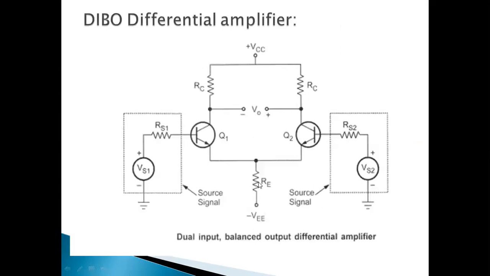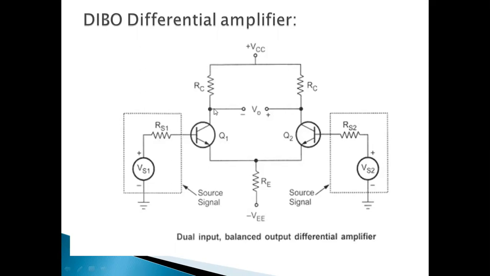First, we connect the two emitter terminals, so we have the parallel combination of Re1 and Re2, taken as a single resistance Re. Next, we apply two inputs to base B1 and base B2 of the first and second transistors. VS1 is applied to base B1, VS2 is applied to base B2, and RS1, RS2 are the internal source resistances.